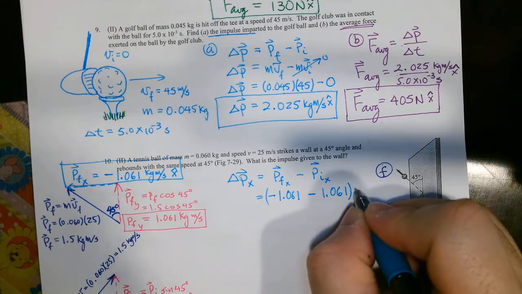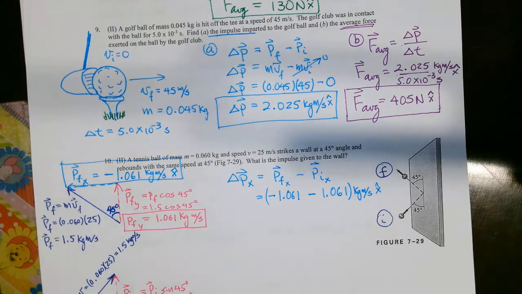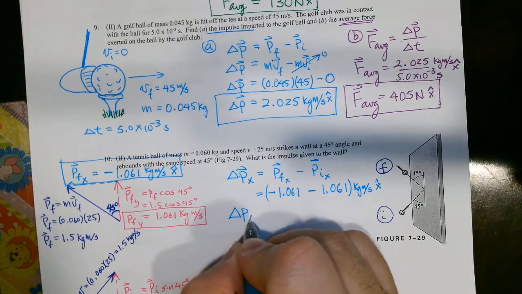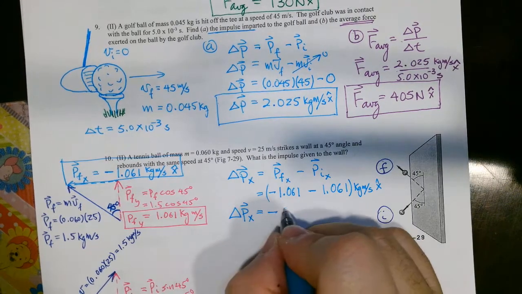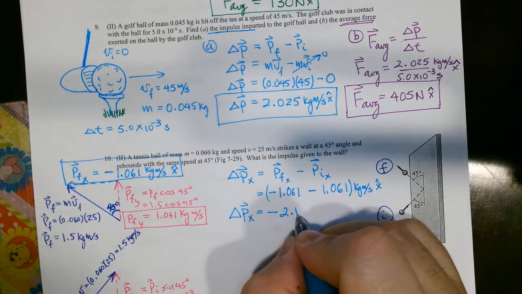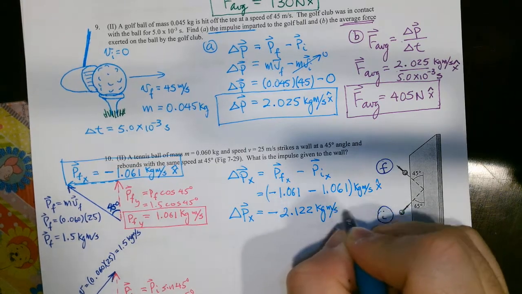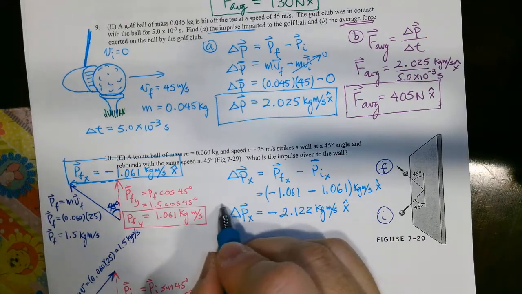Kilograms meters per second x hat. When I add these up, my change in momentum for the x direction comes out to negative 2.122 kilograms meters per second x hat. So it doubles up, actually, in the x component wise.